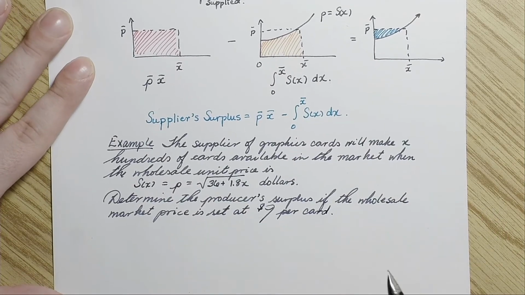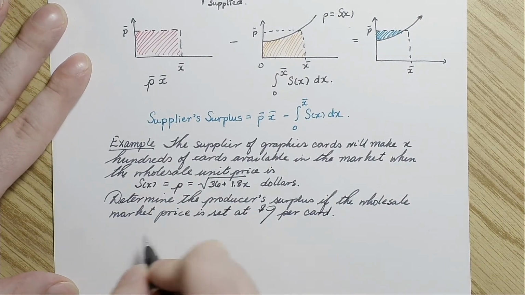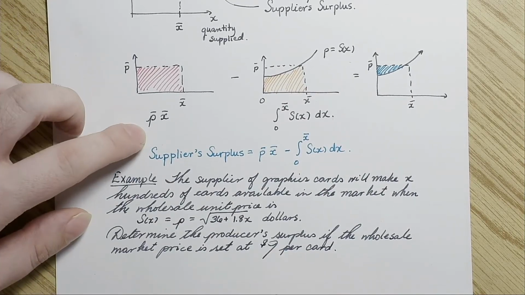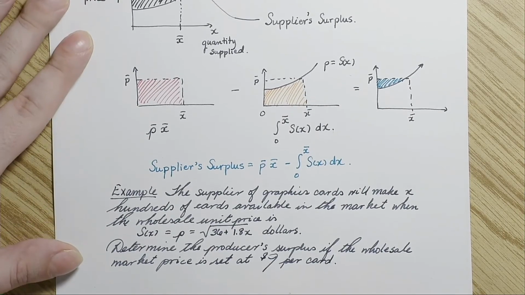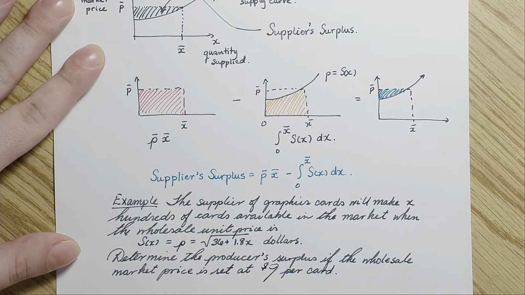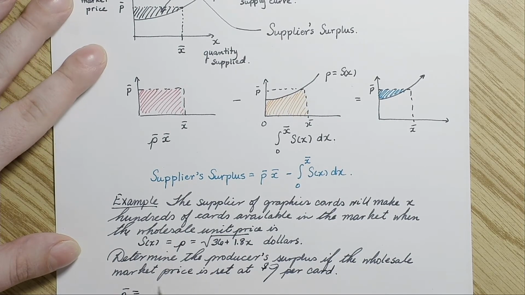Okay, so immediately we know that the price is set for the card by the supplier. So they said that P has to equal $9. So P equals 9.